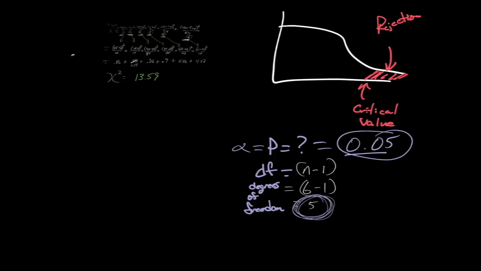So alpha is 0.05. Now all you have to do is go to your chart on page 12. Find degrees of freedom of 5, find your p-value of 0.05. What number do you have? 11.070. That's your critical value.